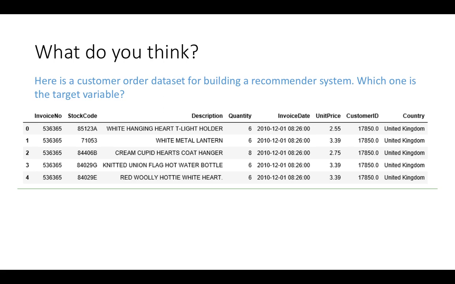And the last example. Here is a customer order data set for building a recommender system. Which one is the target variable? There is a huge amount of transaction data here. Is there any particular attribute you can take and think of as a target variable here? No, it is just a series of data of various transactions.